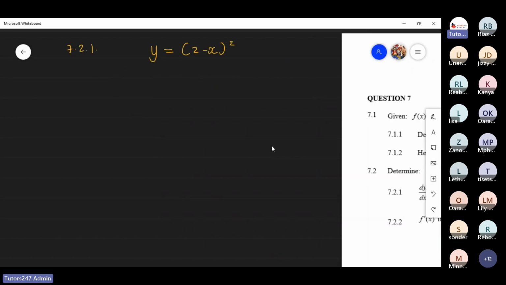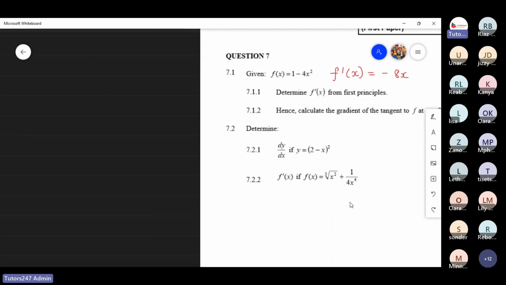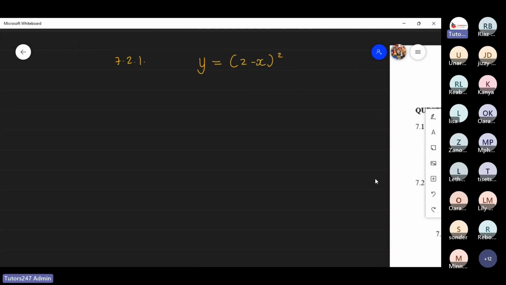So this is question 7.2.1. We have y equals (2 minus x) all squared. Let us confirm if that's correct. Yes, it is 2 minus x. Now, if you look at this, we cannot derive just yet. This is not in a form that is derivable. We need to first simplify it.